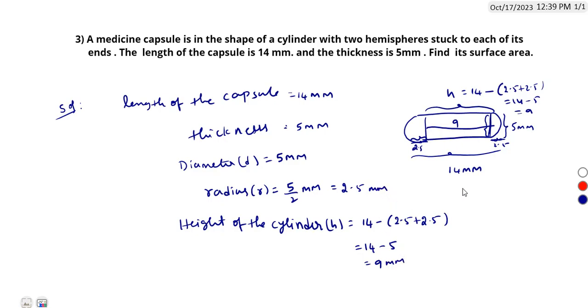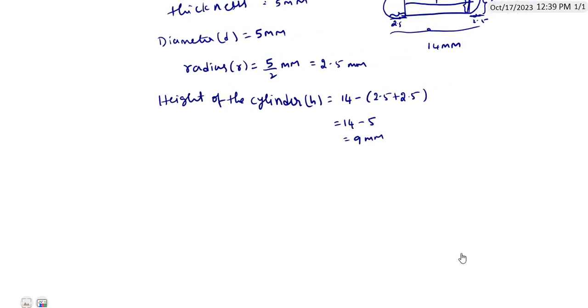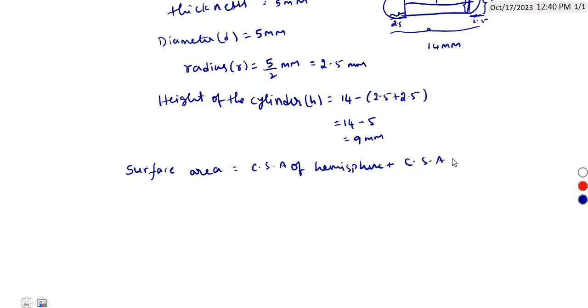Now I want to find its surface area. Surface area equals CSA of hemisphere plus CSA of cylinder. But how many hemispheres are there here? 2.